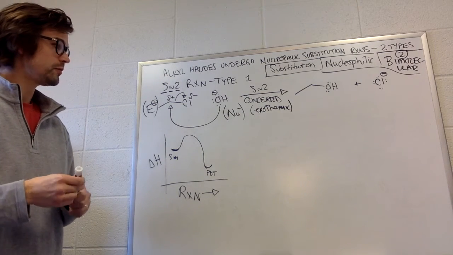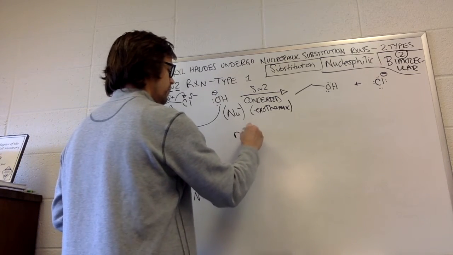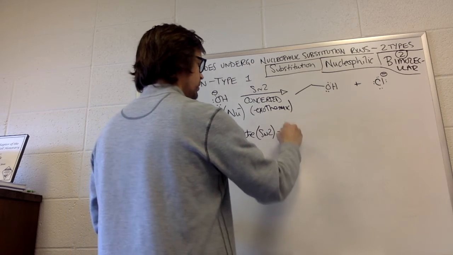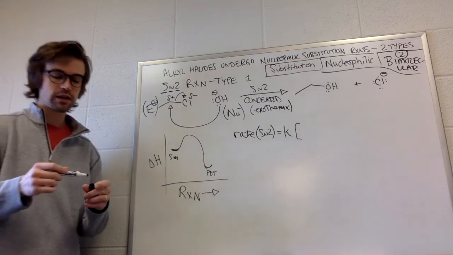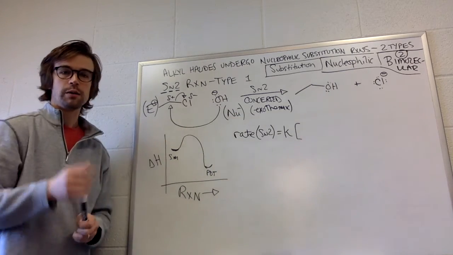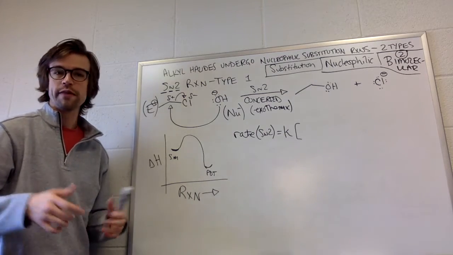What would the rate be equal to here? The rate of this SN2 reaction equals the rate constant. And then what's here? That's another chapter 6 concept. You should know what would be over there. So pause it, add your own, then come back. You've done that.